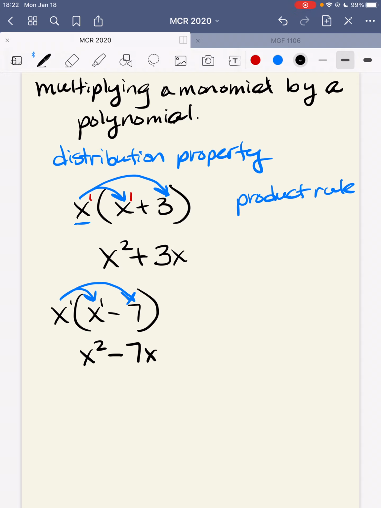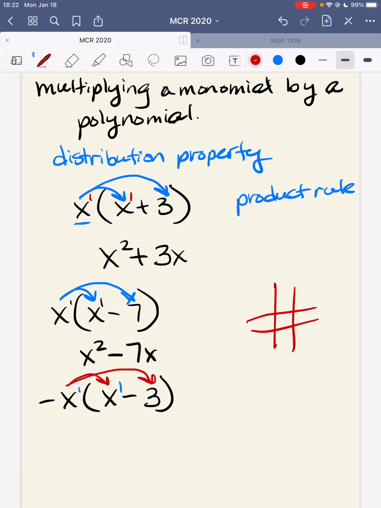All right. If the x on the outside is negative, all right, now we got to go ahead and be really careful. Now our exponents are still 1 on the x's. All right, I'm still going to use the distribution property. Okay, and remember my signs. We've talked about this guy before.